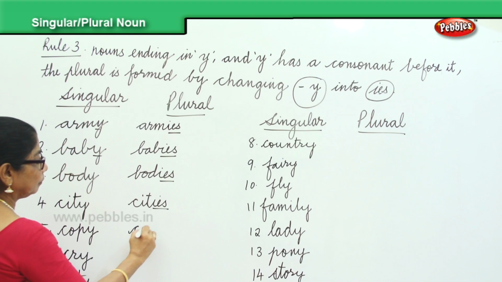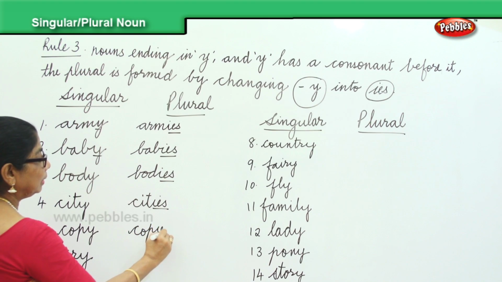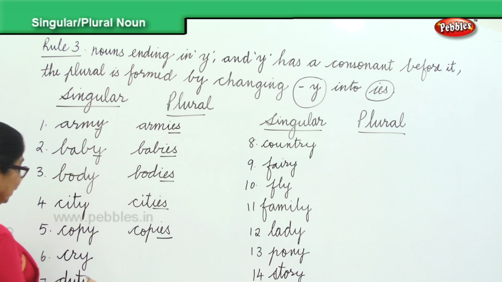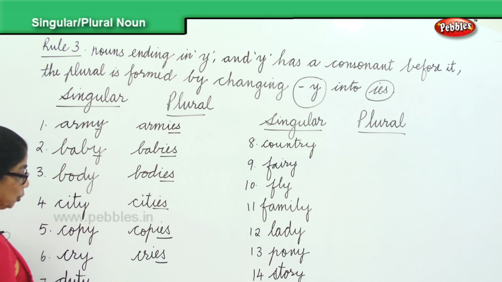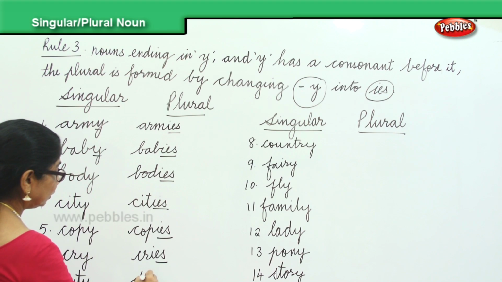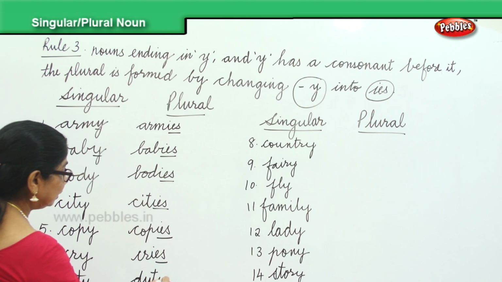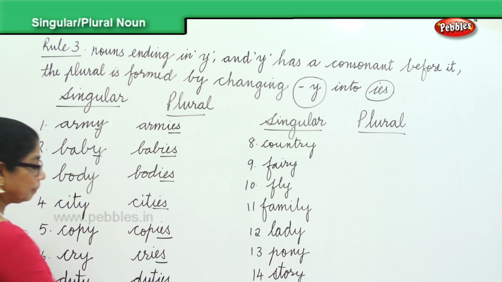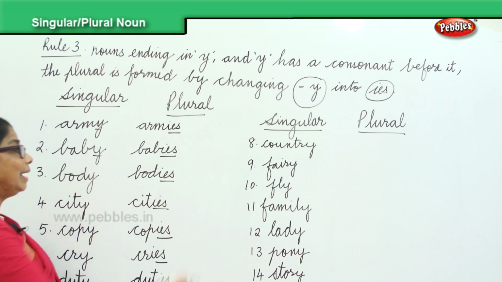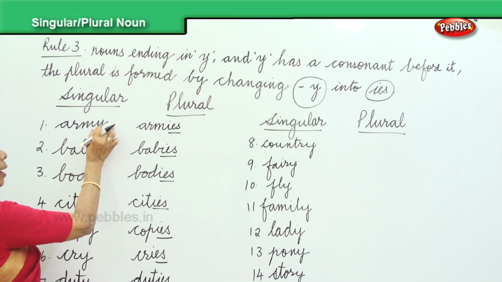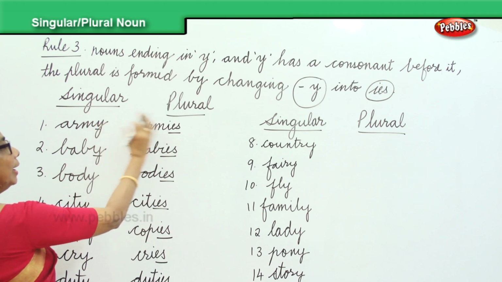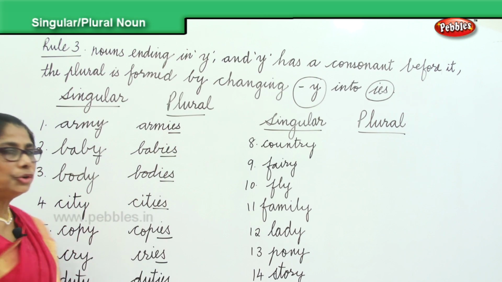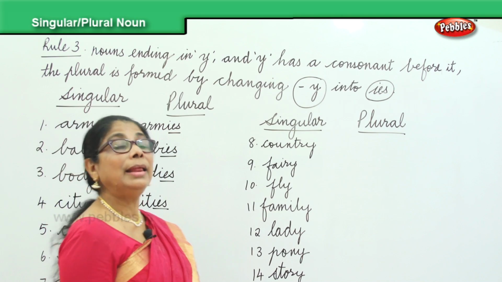Copy, ies is added. Cry, cr, cries. Duty, ies. You took away the y because there is a consonant before it. Instead of y, you put ies to form the plural noun.